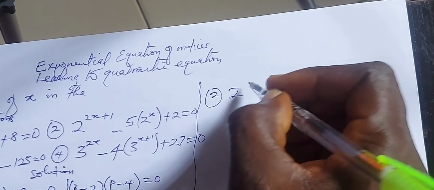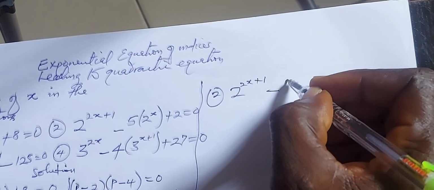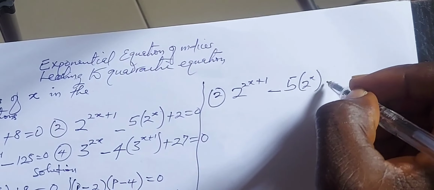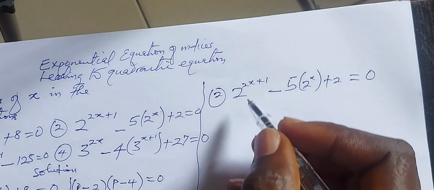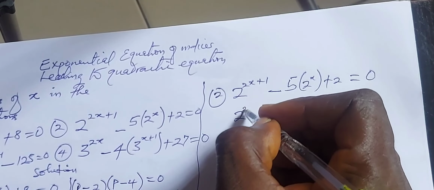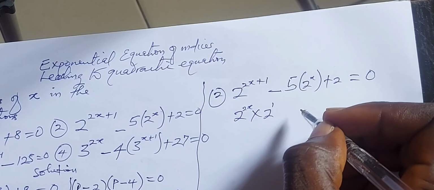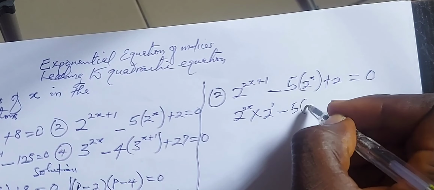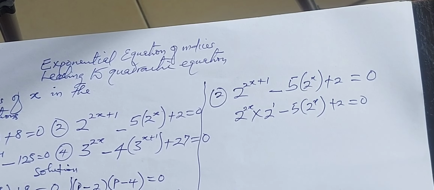which is 2 raised to the power of 2x plus 1, minus 5 into 2 raised to the power of x plus 2, all equals 0. So like we wrote before, this one can be further simplified: 2 raised to the power of 2x multiplied by 2 raised to the power of 1, minus 5 into 2 raised to the power of x, plus 2 equals 0.